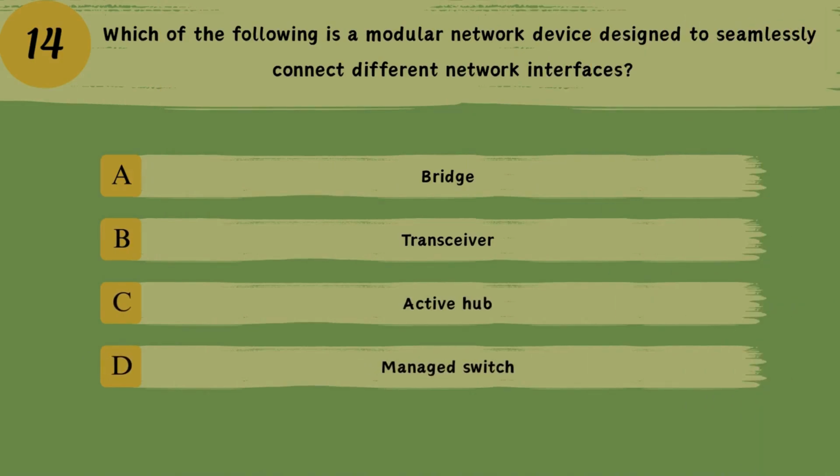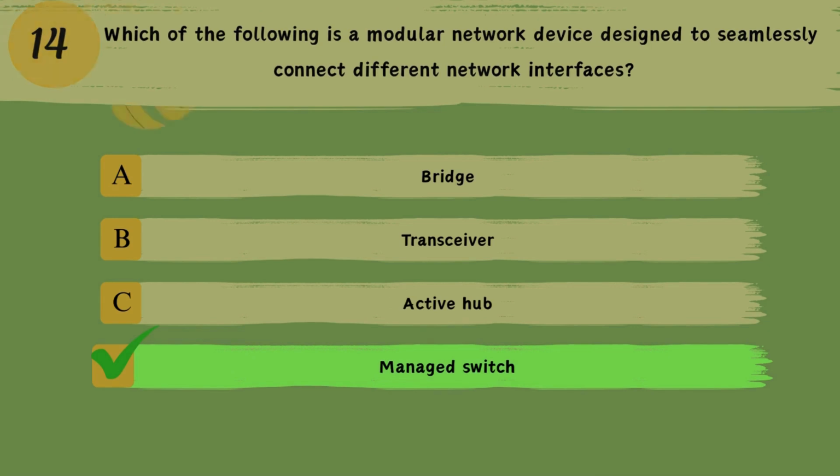Question 14. Which of the following is a modular network device designed to seamlessly connect different network interfaces? A. Bridge, B. Transceiver, C. Active hub, D. Managed switch. Correct answer, D. Managed switch.